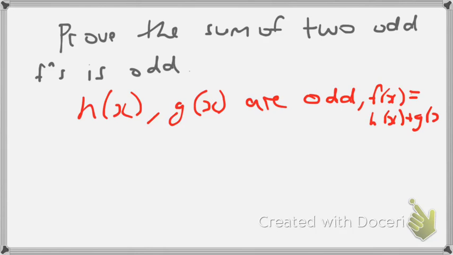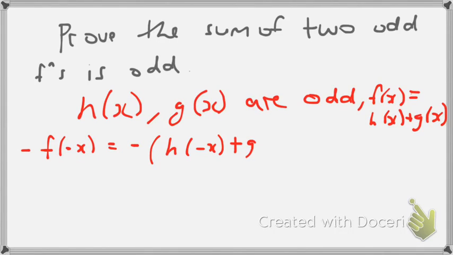That's a much more sound mathematical way of proof. So we're evaluating f of minus x. And in fact, I'm going to evaluate minus f of minus x because I'm showing that it's odd. So I'm going to use this and show that this is the same as f of x. It's generally easier. So minus h of minus x plus g of minus x.